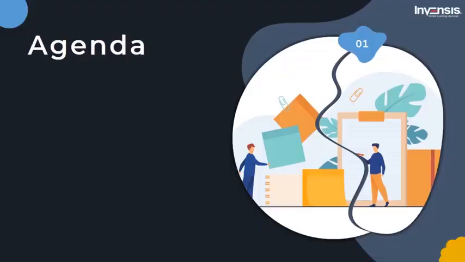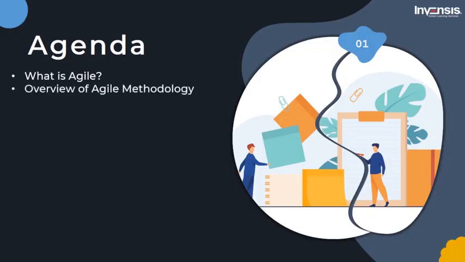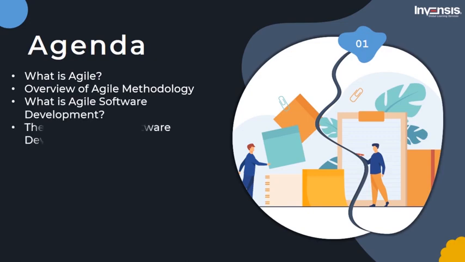Now let us look into the agenda. First, we will understand what is Agile, followed by knowing the overview of Agile methodology. Then, we shall jump into our main topic, that is, what is Agile software development? Next, we shall see the pivot to Agile software development.